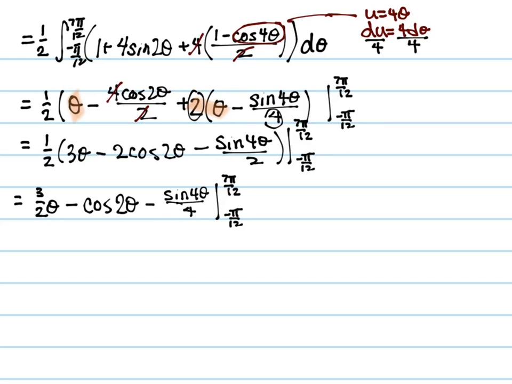They're ugly ones, man. All right, so I have 3/2 times 7 pi over 12, minus the cosine of 7 pi over 6, since it's double angle, minus 1/4 sine of, so I would have 7 pi over 3.